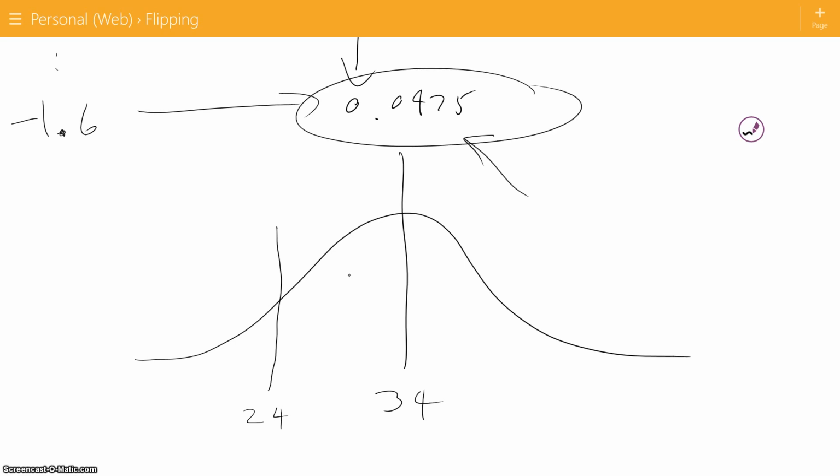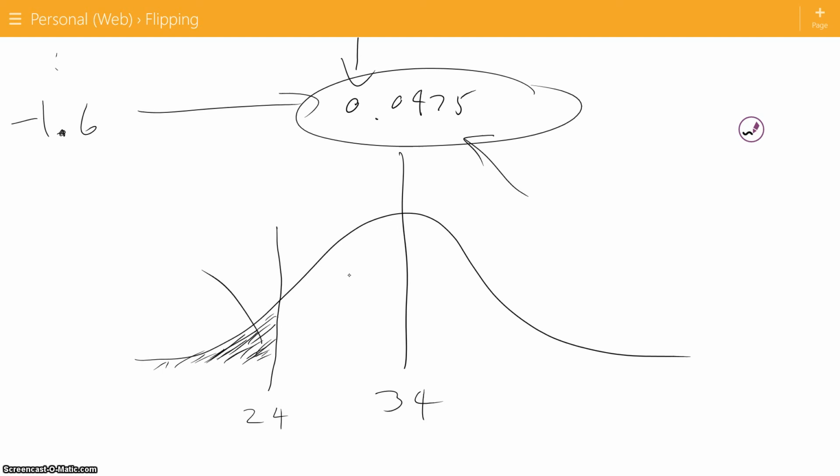0.0475, that is the area here. That is this area, and this is the percentage of values that are equal to or less than 24.